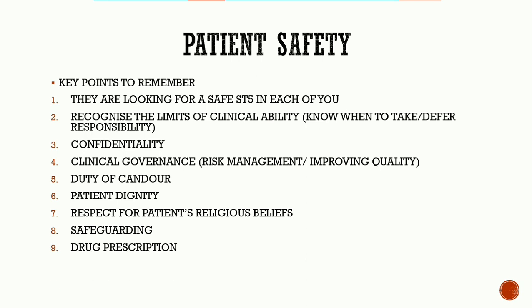The next thing is drug prescription. Remember, whenever you're prescribing a drug, like for example a low molecular weight heparin in a post-op case, take into account the overall scenario, like whether the BMI of the patient is mentioned, whether the renal function is mentioned. If that is not mentioned, then it may not be safe for you to prescribe a random dose of this particular medication.